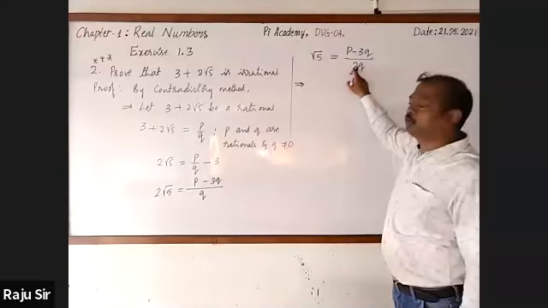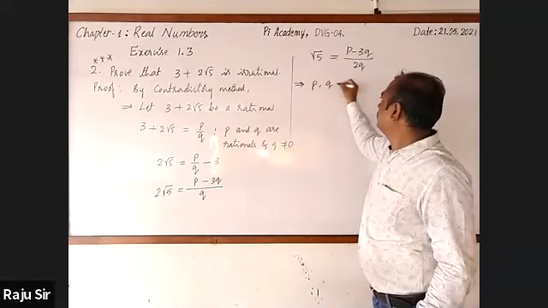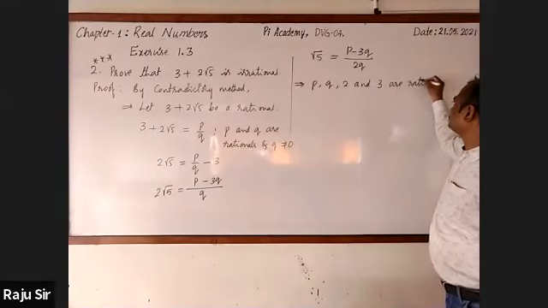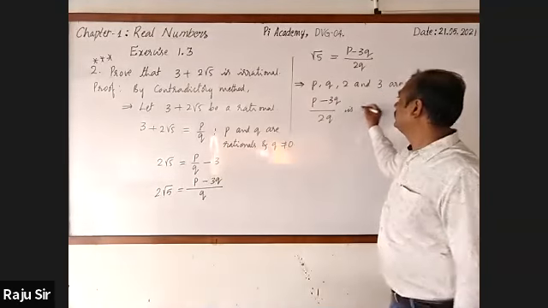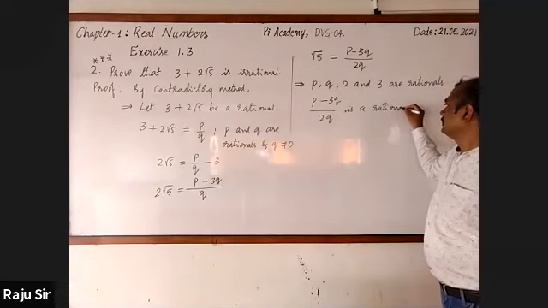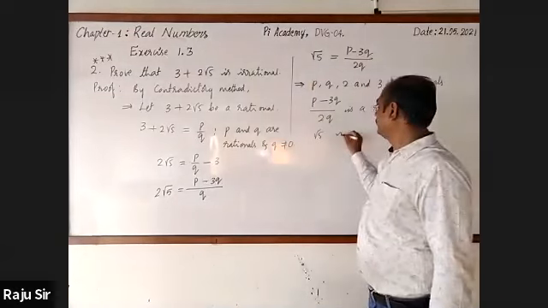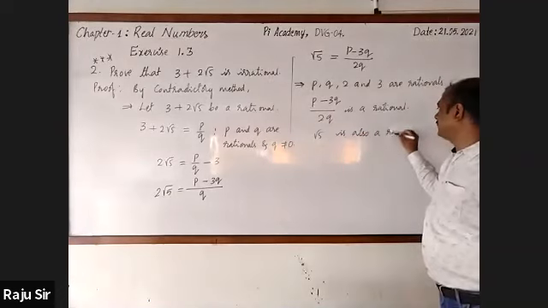Next, we all know that P, Q, 2 and 3 are rationals. Root 5 is irrational. Next, P minus 3Q by 2Q is a rational, which is equal to root 5. So root 5 will also be a rational.